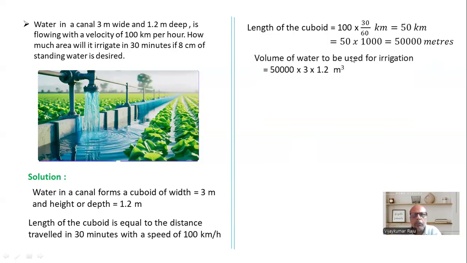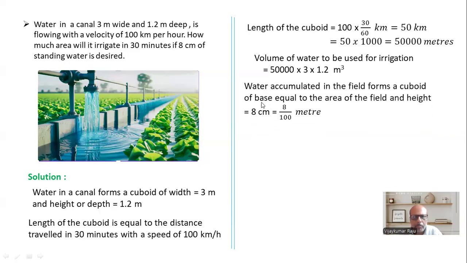Volume of water to be used for irrigation, that is the volume which is flowing into the field from the canal. So canal volume is L into B into H. Length is 50,000, B and H. This is the volume of water to be used for irrigation.